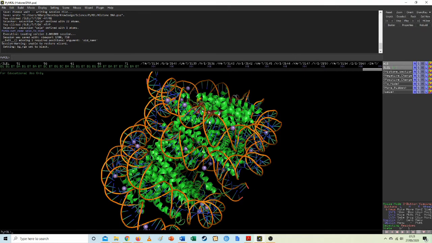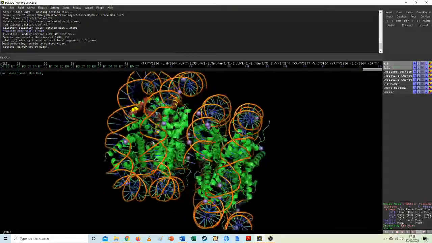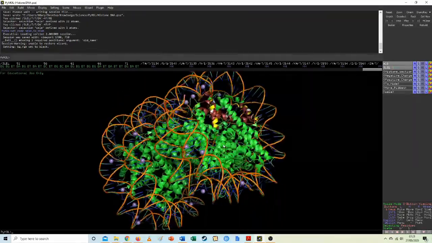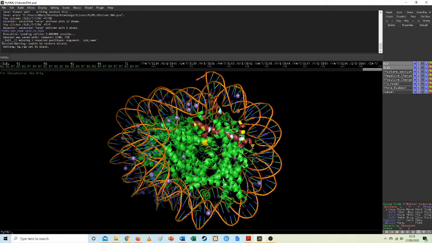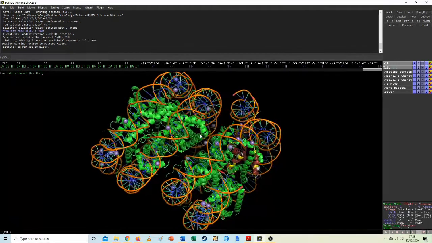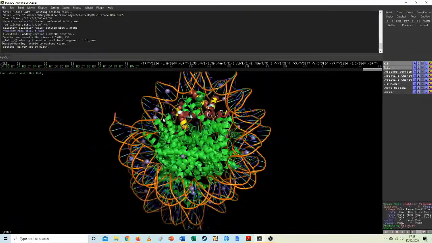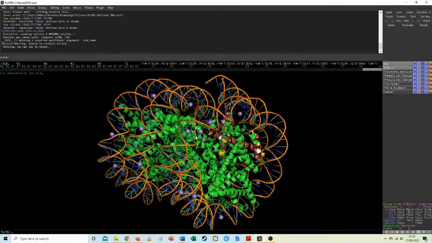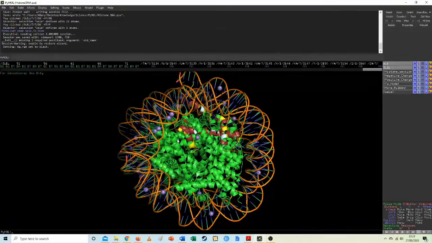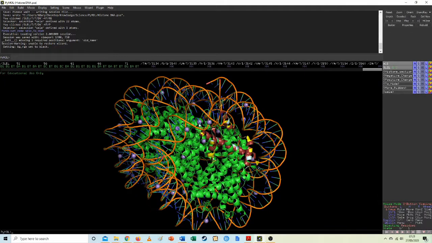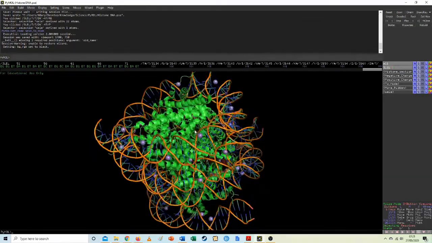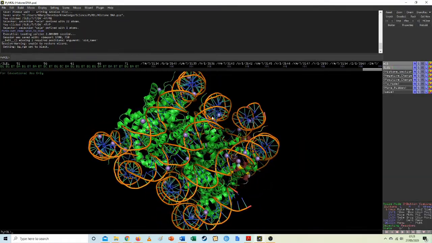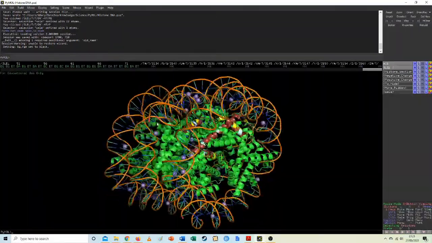Okay, so this is us sitting with our nucleosome, and you can see the DNA is wound round this really large green, for the main part, central structure. The little dots that you can see, the spheres around the DNA, are manganese ions.